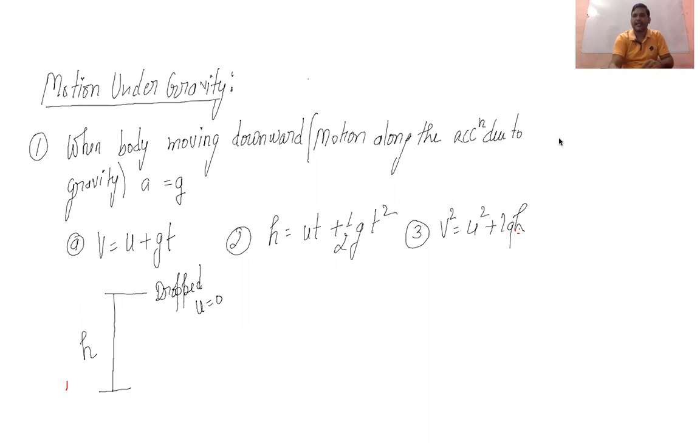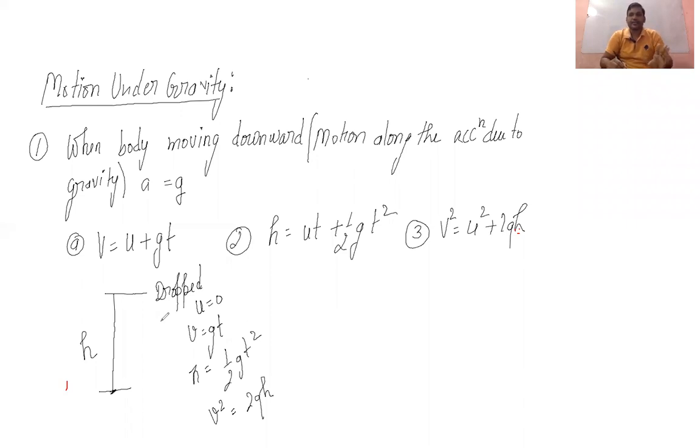For this case, you can use either equation of motion to find anything. The velocity at the end point becomes v is equal to gt, the height becomes half gt square, and the velocity in terms of the height is square root of 2gh. This is the case when any object is dropped.